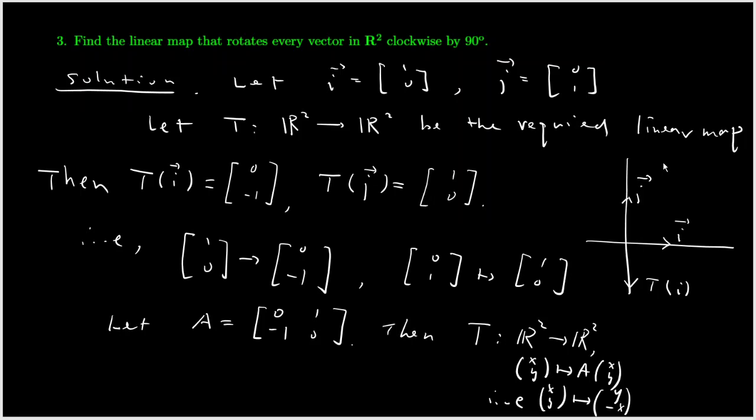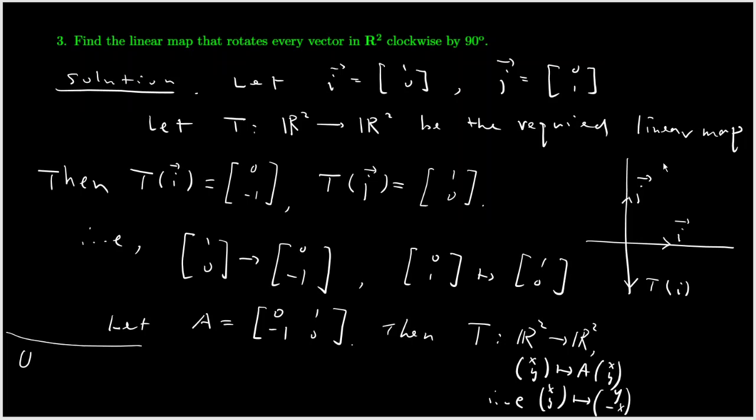So how about we just check that? We're kind of done with the question, but I'm going to show you my point. Now let's verify this T is indeed as required.